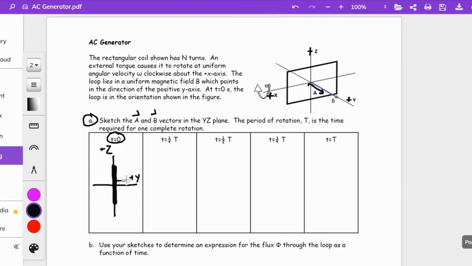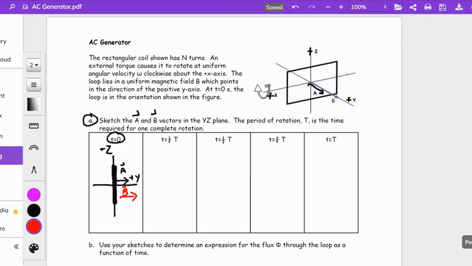That's going to go this way. I'll label that A, my area vector. And then the magnetic field, which is coming from the outside world, is going in that same direction. So this is the B vector. That's the starting point for this.